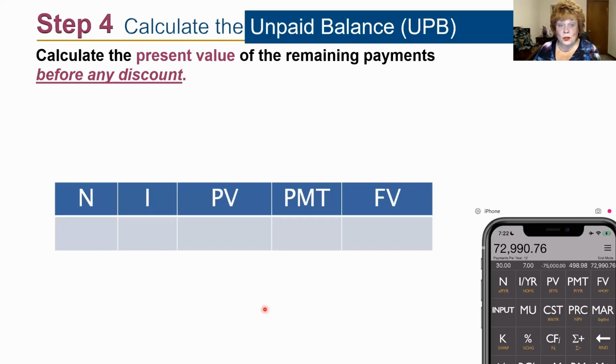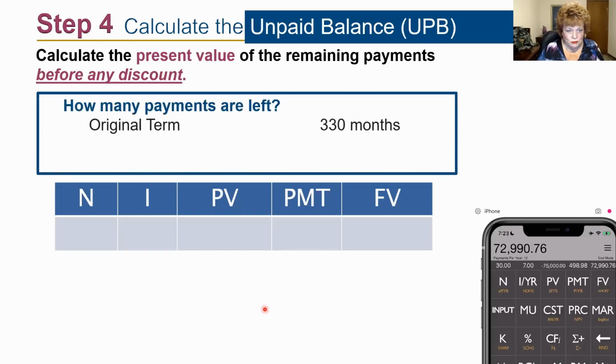Everybody called it the unpaid balance instead of the current balance, because they were behind. Since they were behind, unpaid balance was not necessarily the same thing as what should have been owed then, the current balance. They could be 3 months behind and that could be added on to it. So what you need to know is, for our purposes, unpaid balance and current balance represent the same number.